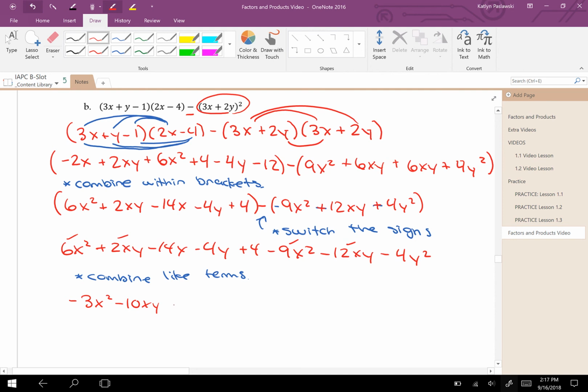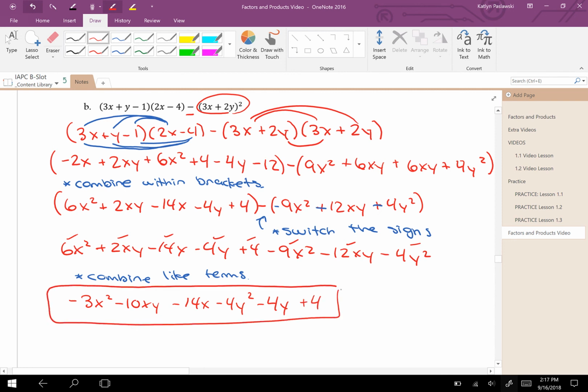There's nothing to combine with negative 14x. Nothing to combine with negative 4y. Then we have, that should be 4y squared and then 4y to write in proper descending order. And the constant of plus 4 as a final answer.